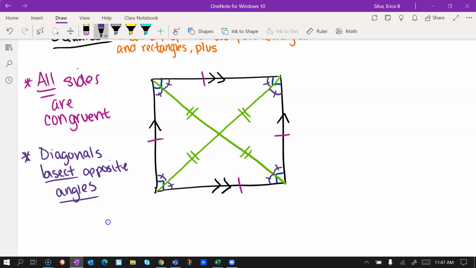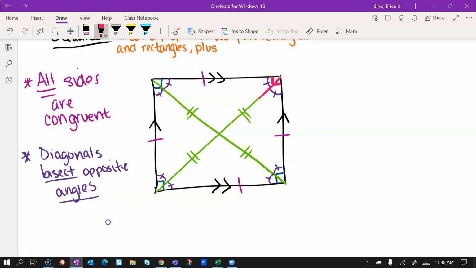Now, if we have a 90-degree angle in each vertex and that diagonal is bisecting it, what does that mean about each angle? What are they going to equal? So if this is 90 degrees and it is being bisected, remember bisect means that it's equal on both ends.